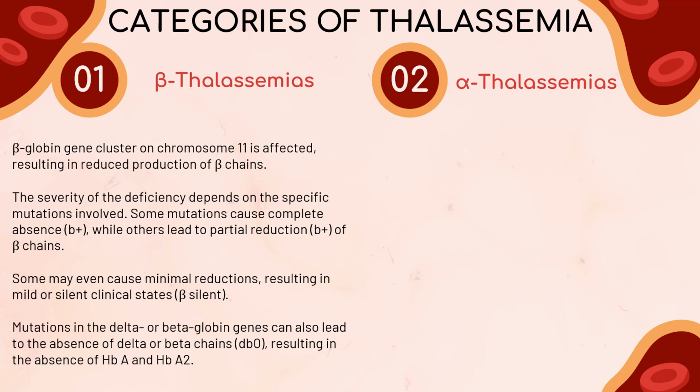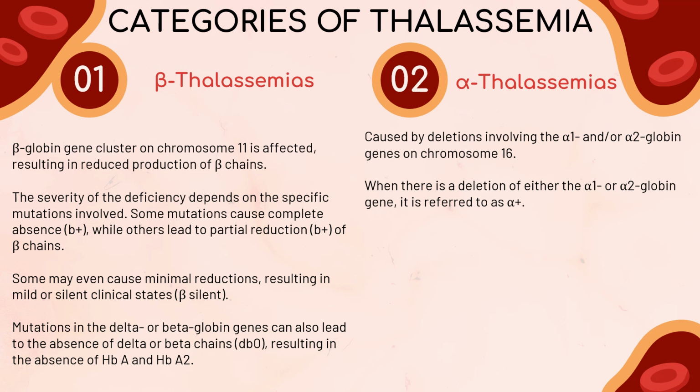Mutations in the delta or beta-globin genes can also lead to the absence of delta or beta chains, delta-beta-0, resulting in the absence of hemoglobin A and hemoglobin A2. On the other hand, alpha-thalassemias are caused by deletions involving the alpha-1 and/or alpha-2 globin genes on chromosome 16. When there is a deletion of either the alpha-1 or alpha-2 globin gene, it is referred to as alpha+.